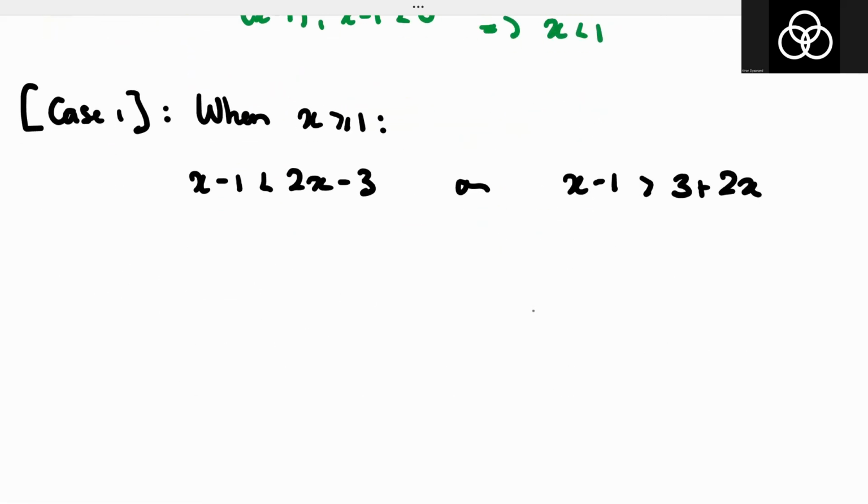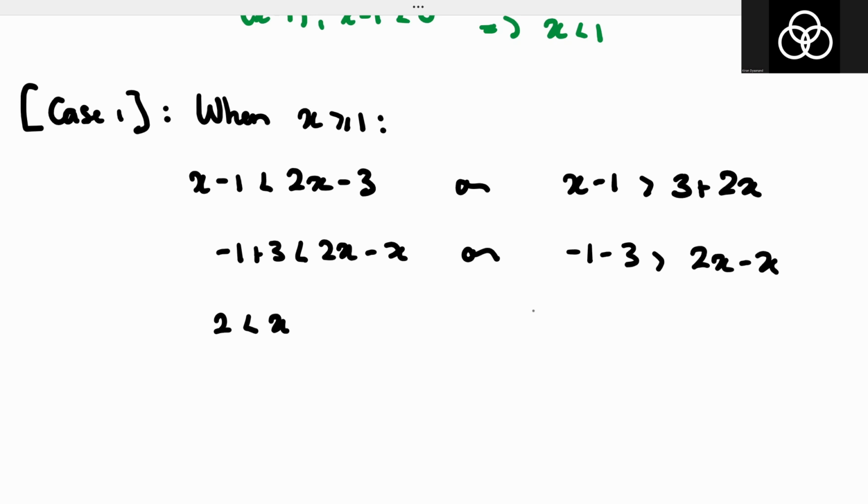This is a linear inequality. So we have minus 1 plus 3 is less than 2x minus x, or minus 1 minus 3 is greater than 2x minus x. I just group the x's on one side. So this gives 2 is less than x, or minus 4 is greater than x.